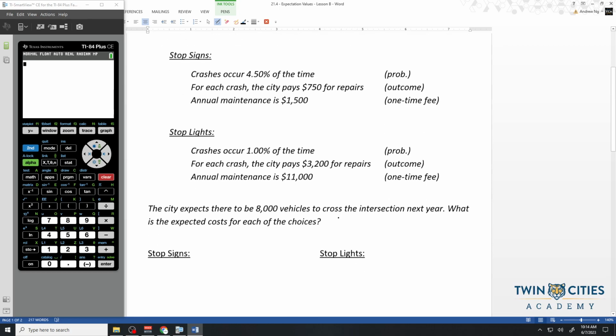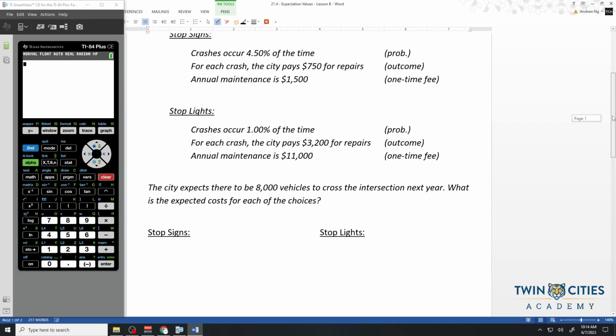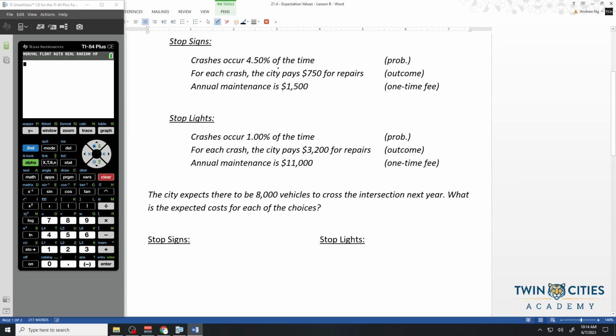Okay, so let's begin with stop signs. Well, there are 8,000 vehicles that are going to cross this intersection each year. If crashes occur for stop signs 4.5% of the time, I need to first figure out how many crashes are going to take place.